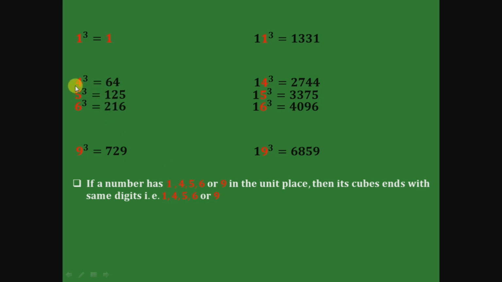You can see that its cube also ends with the same digit: 9, 9, 6, 6, 5, 5, 4, 4, 1, 1.